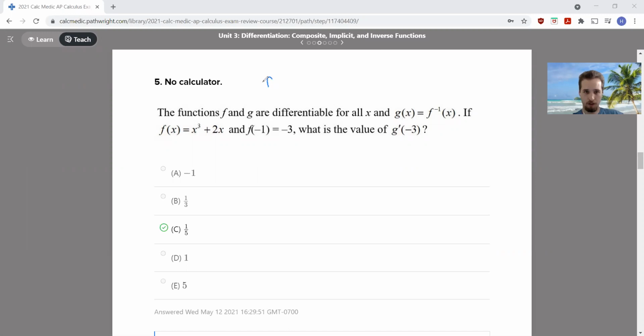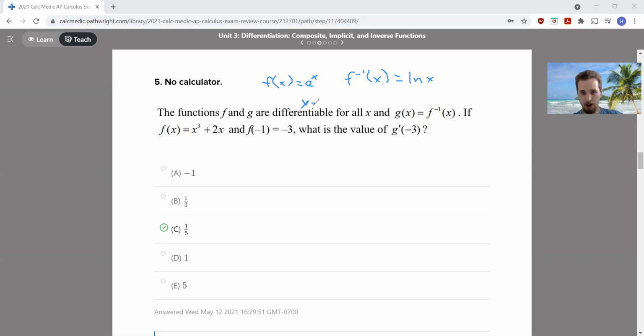So if f of x happens to be e to the x, well then the inverse f^-1 of x is going to be ln of x, because the inverse of e to the x is ln of x. Okay, what if you're confused by that, right? You don't know e to the x is the inverse of ln of x. That's no problem.